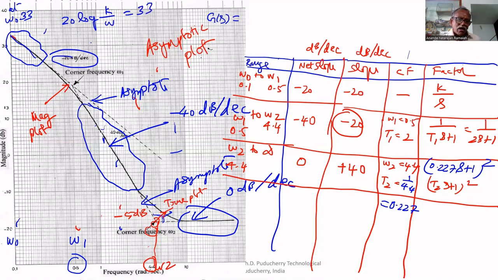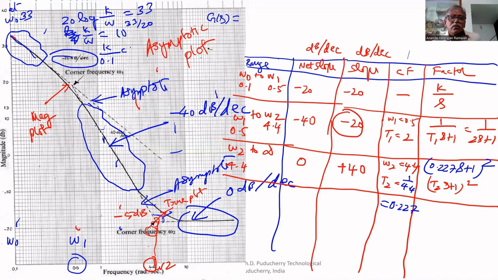Therefore, log K by omega equal to 33 divided by 20. Omega equal to 0.1. Therefore, K by 0.1 equal to 10 power 33 by 20.